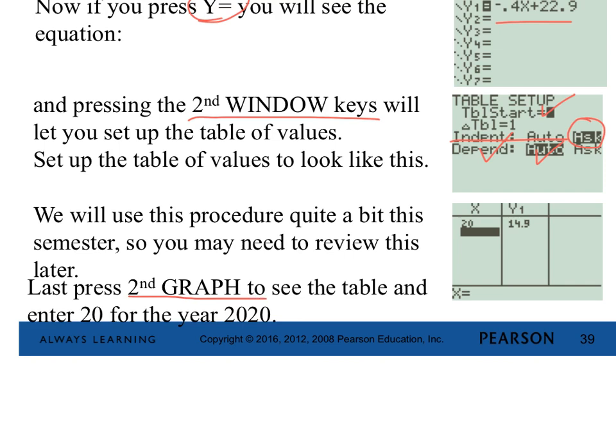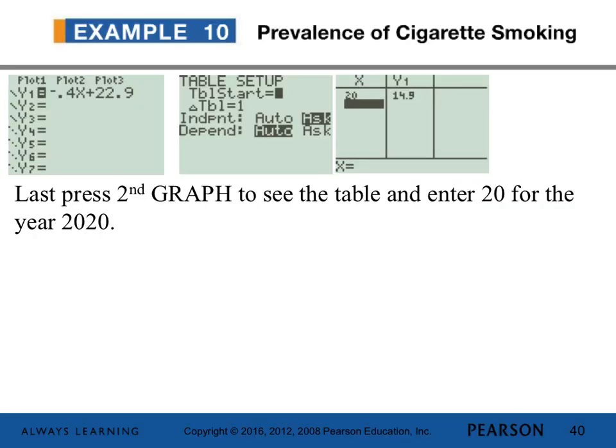And since I use the number of years after 2000 for the X values, then that number would be 20 for the year 2020. And as soon as you enter the 20 and press enter, you'll see that the percentage is 14.9%.